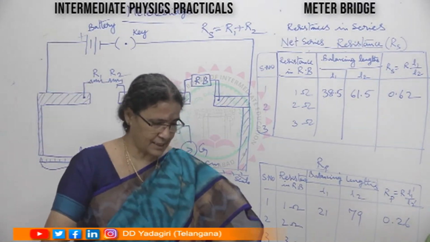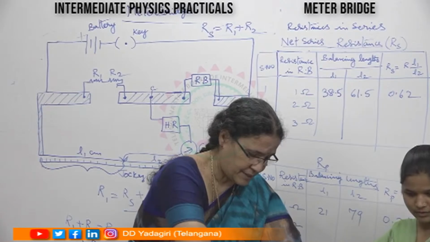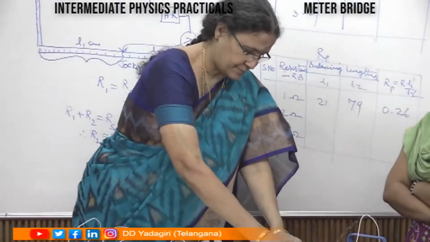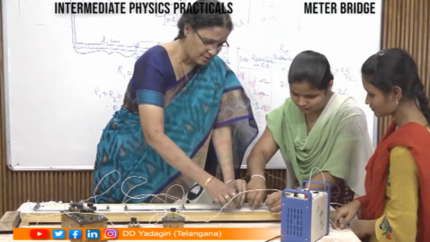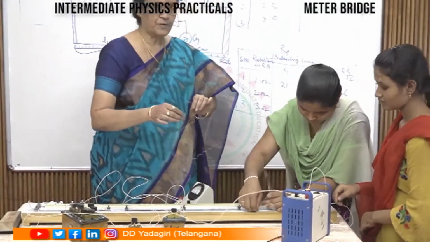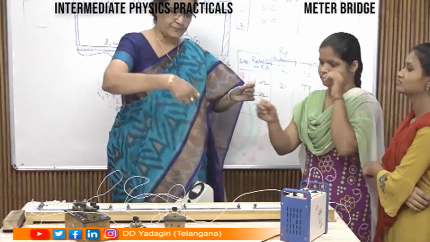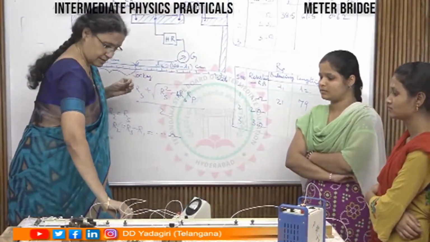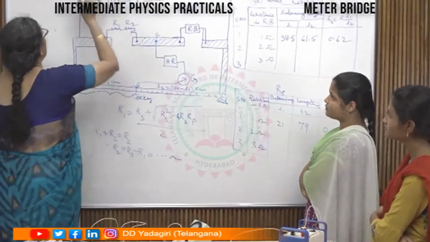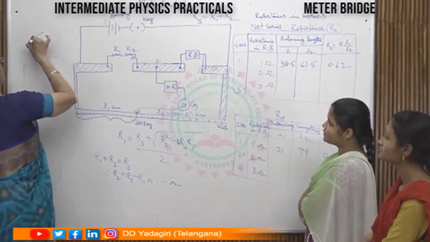Now I'm taking out the two wires. We have to connect the same two wires in parallel. So how do we connect parallel? This is the parallel combination. I'll show here.